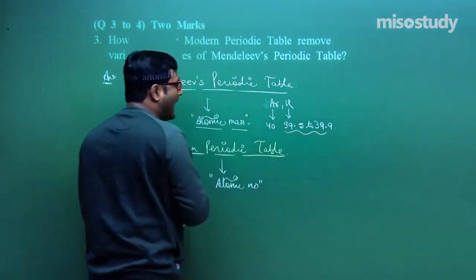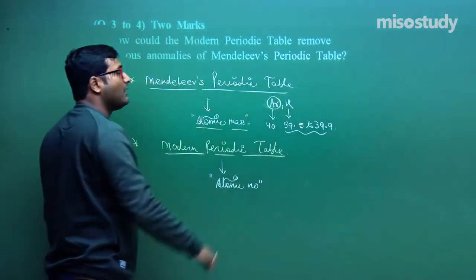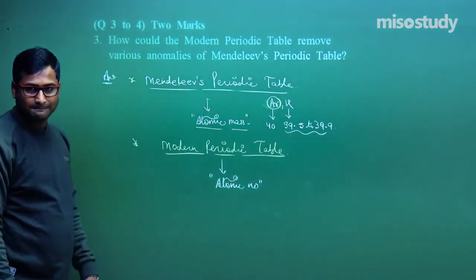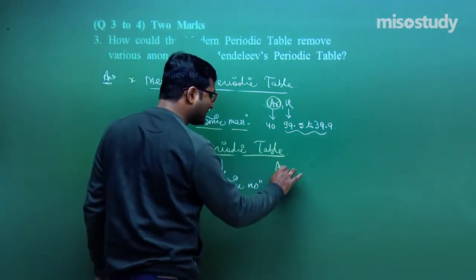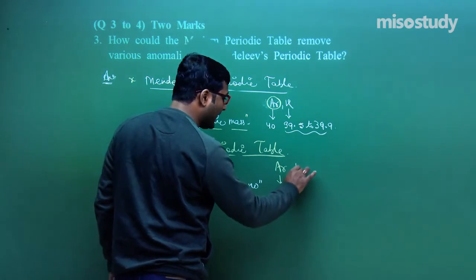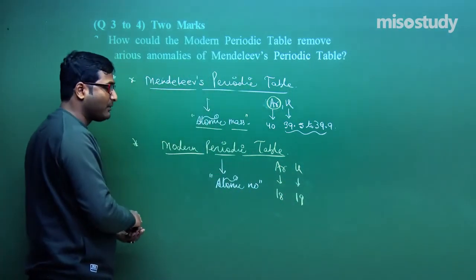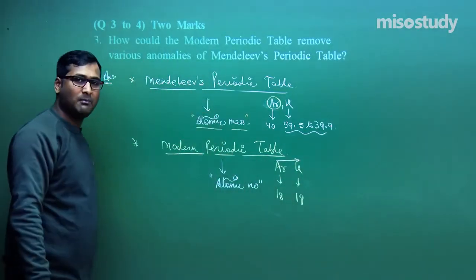So argon should be placed after potassium, but argon comes before potassium. This problem was completely nullified by the modern periodic table, because argon has atomic number 18 and potassium has atomic number 19, and it arranged the periodic table in increasing order of atomic number, not mass.